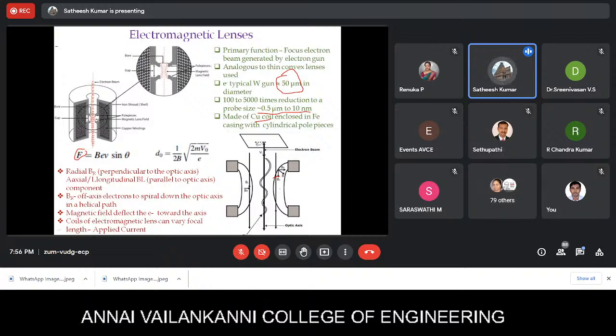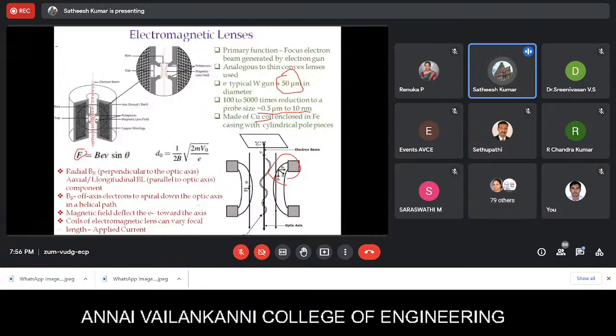This is the exact function of the electromagnetic lens: it focuses the electron beam. Since you have a large magnetic field here, it tends to deflect the electrons coming towards the center, or off axis and near the optic axis, which in turn focuses your electrons to a fine beam.